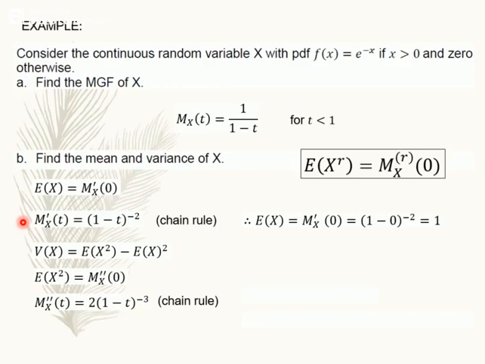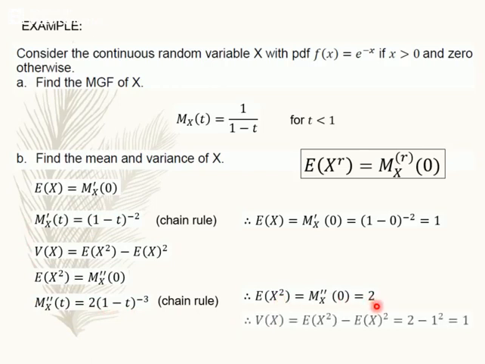We do another derivative there, and you end up with this function here. Substituting 0 gives the expected value of x squared, and that's going to be 2. To get the variance, we take our answer from there and our answer here, and ultimately you end up with 2 minus 1 equal to 1. So that's exactly how you would work out this example.